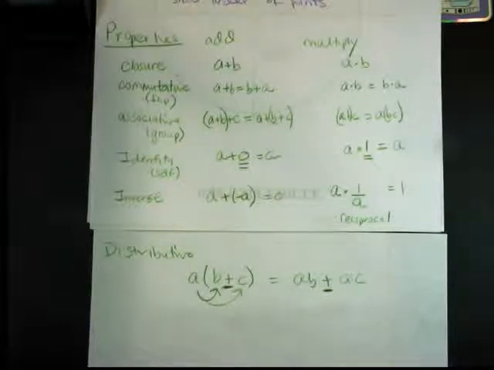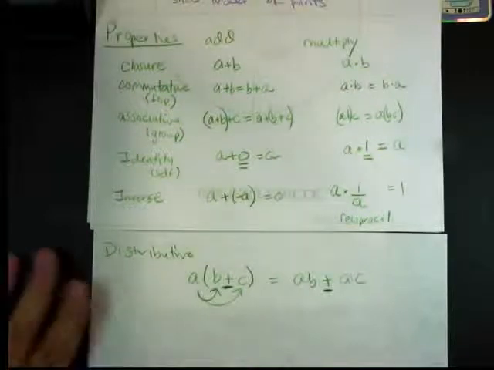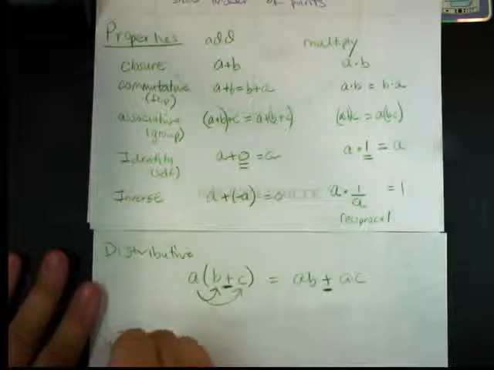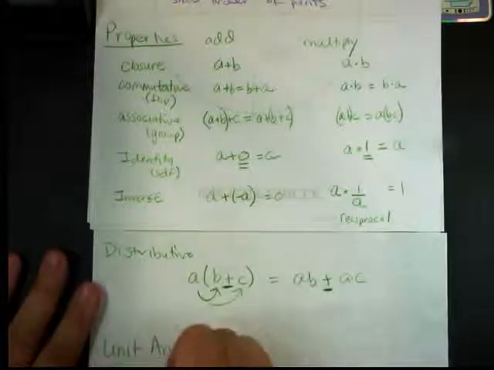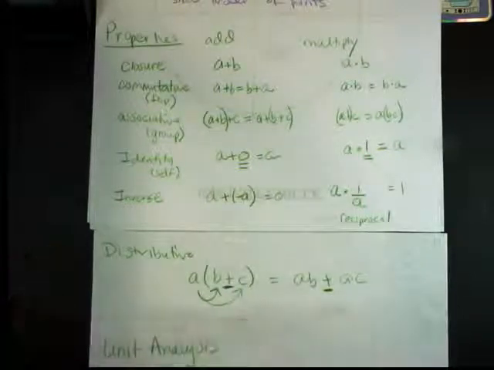All right, and the next one's a little bit off in relation to the other information that's been given to you, but you're going to see a problem of this later in your classwork tomorrow. And it's called unit analysis. Now you should be familiar with this if you've taken any of the sciences, the chemistry, the physics, even biology does this a little bit.